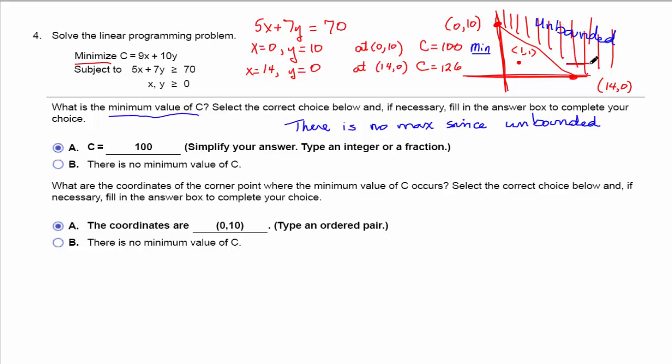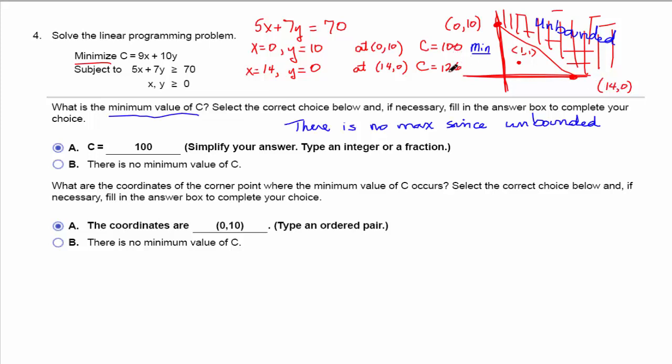This is an unbounded region, and since I'm adding things together, there's no way I could ever have a maximum. But we can have a minimum, and we only have two corner points to check. That is 0, 10, where I get 100.